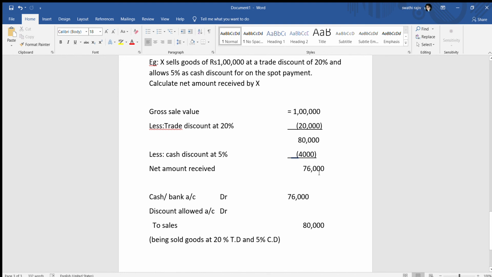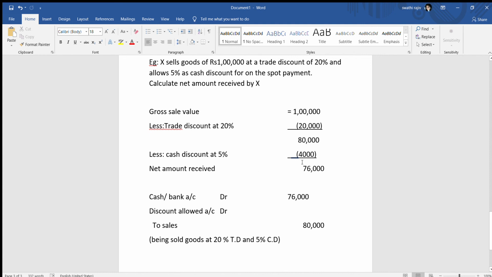Now this cash discount will not be calculated on 1 lakh. 1 lakh is done and dusted. Now the new sales value is 80,000, whatever is the sales value after trade discount. On 80,000, you calculate 5%, you get 4,000.